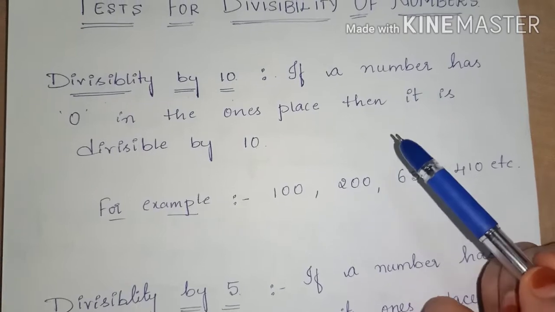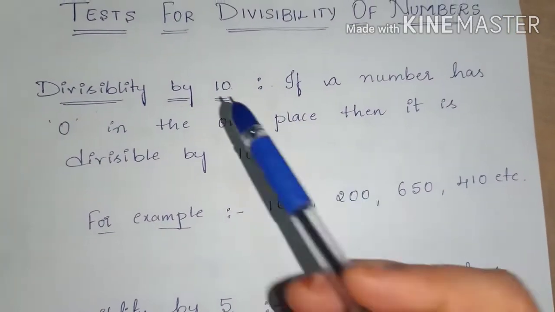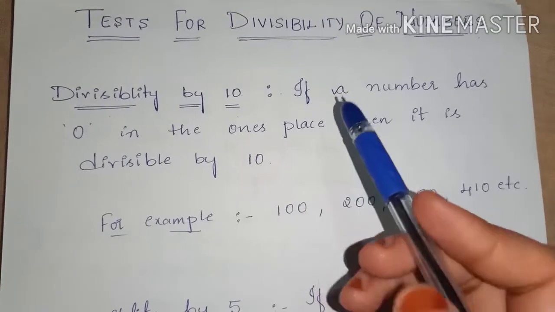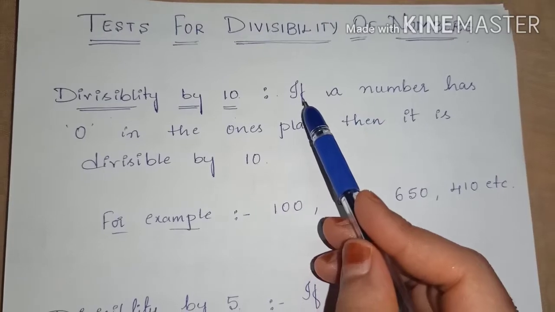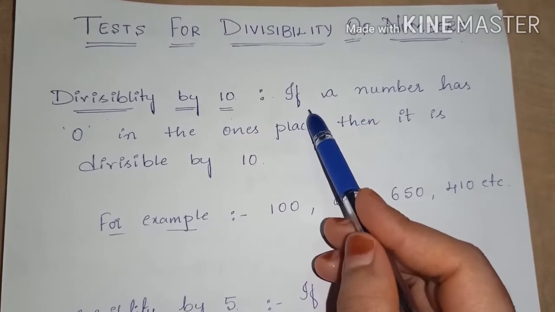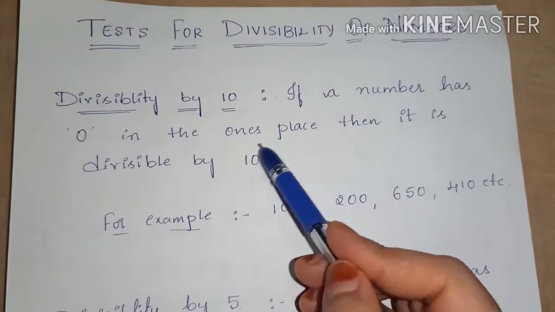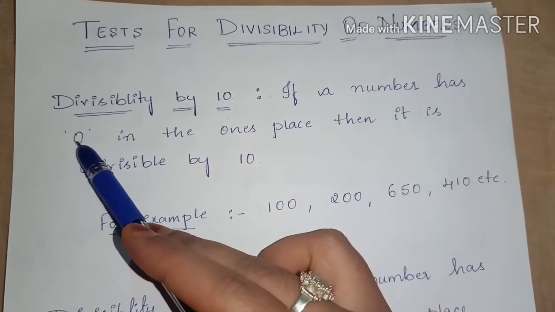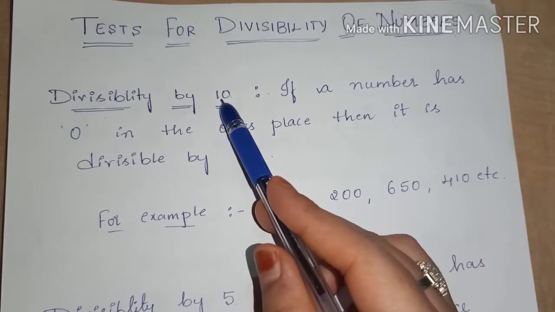Without doing actual division, you can find out whether we can divide the number by 10 or not. How? Here is the rule. According to this test, any number which ends with 0, which has 0 in the ones place, is divisible by 10.